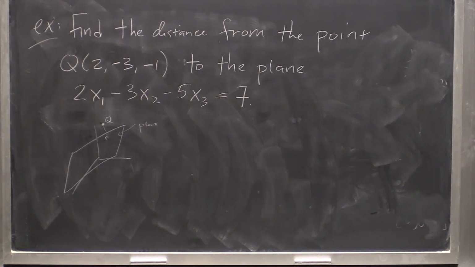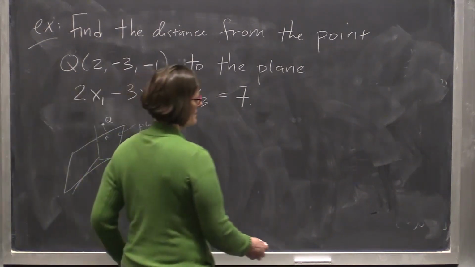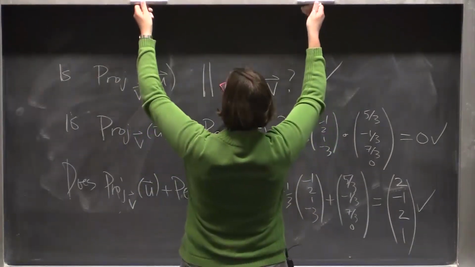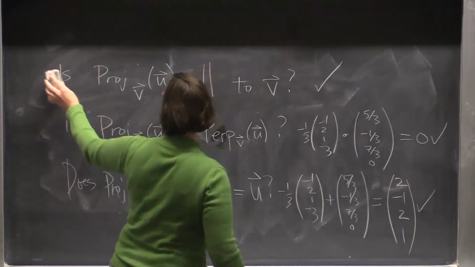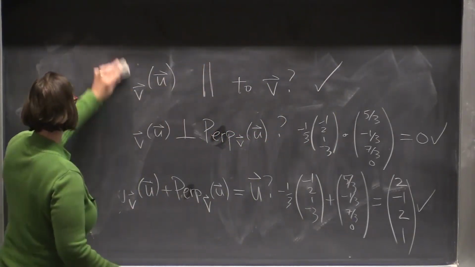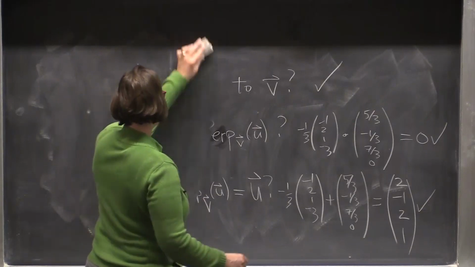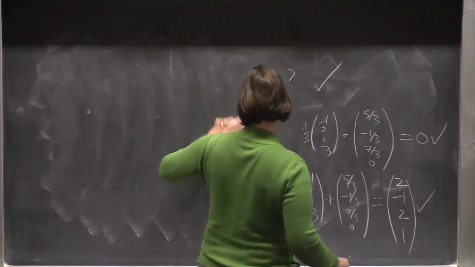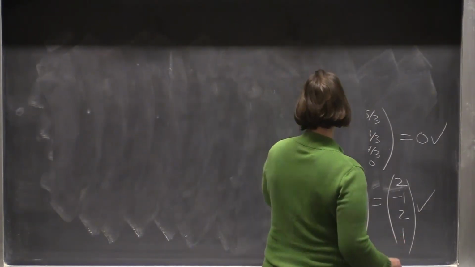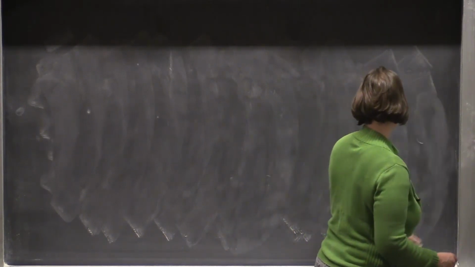Okay, so we look at this and it makes our head hurt. So what we do is we try to figure out what to do if we had a simpler problem, which was instead of being in R3 and having a plane, if we were in R2 and we had a line. So let's back off and see how would we approach this problem if we were in R2.